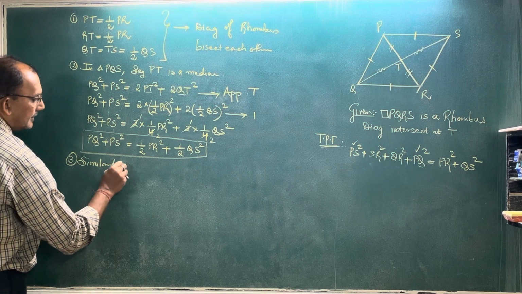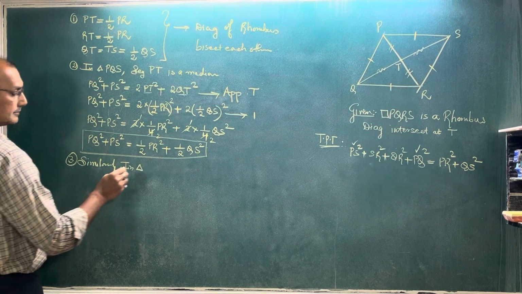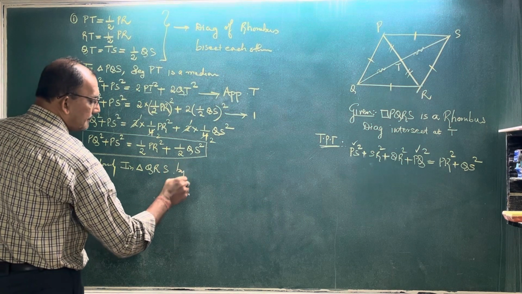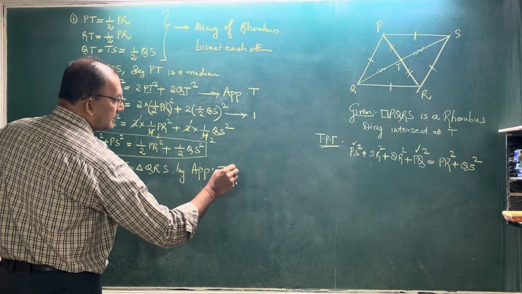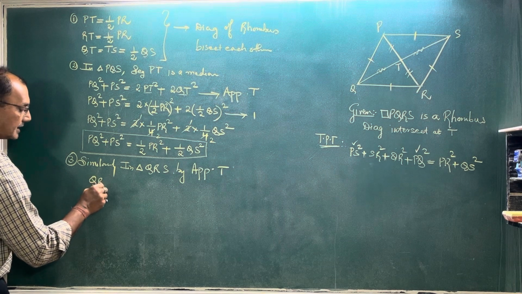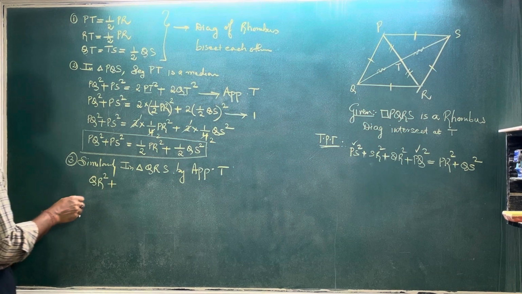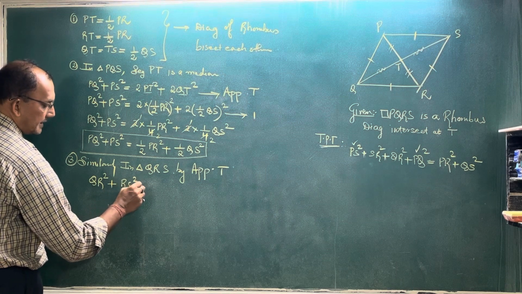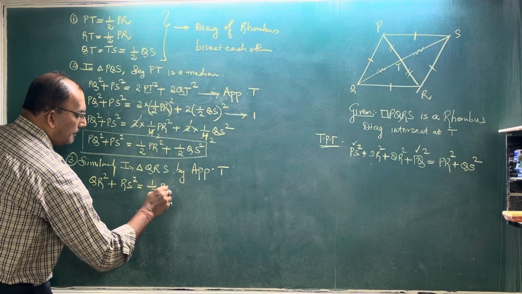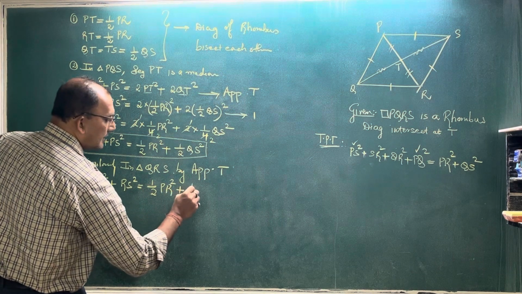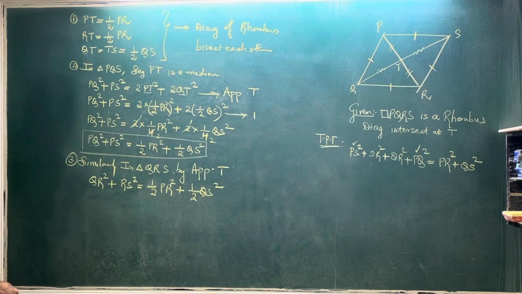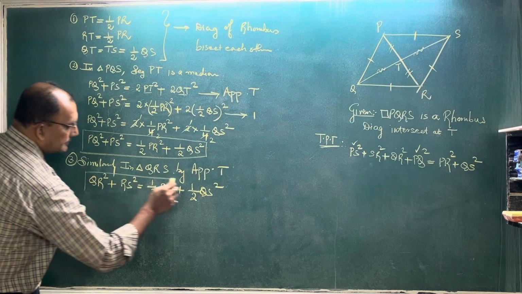Similarly, in triangle QRS, by Apollonius theorem, what will I get? I get QR square plus RS square is equal to the same thing as what I've got here. It is half PR square plus half QS square. Okay, so this is the second box that I've got.